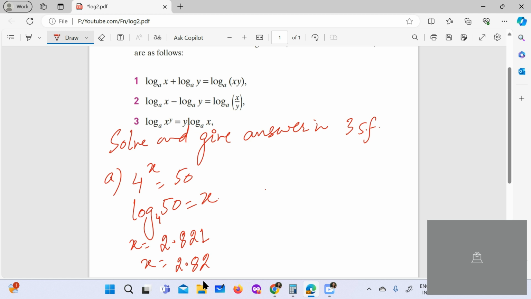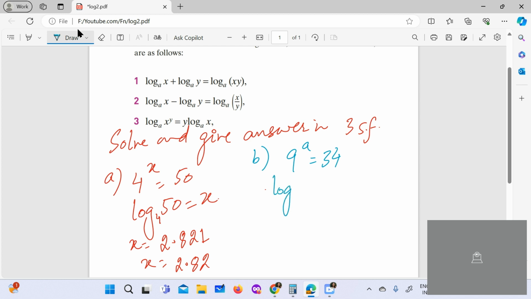Okay. Now we will do one similar kind of question. So let's say 9 to the power of a is equal to 34. So what can we write? How can we do this? Base is 9.